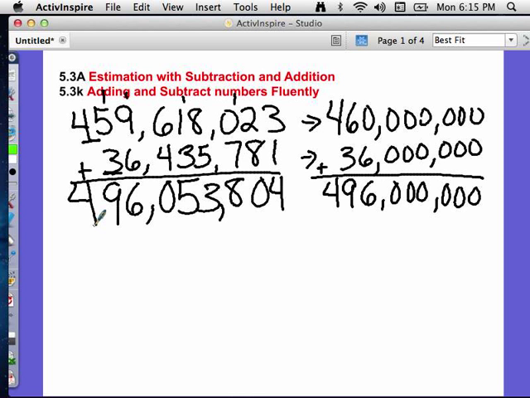So as you can see, students are required to be able to estimate their answer and then be able to compute the actual answer. I'm going to display the same numbers, but I'm going to use it in subtraction.